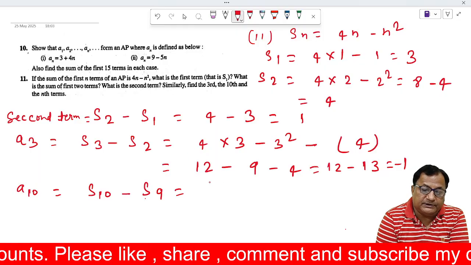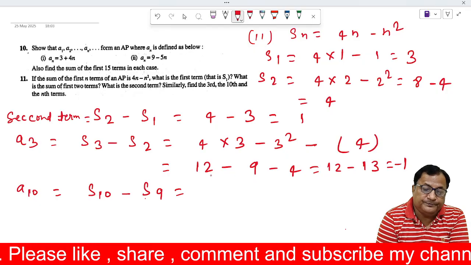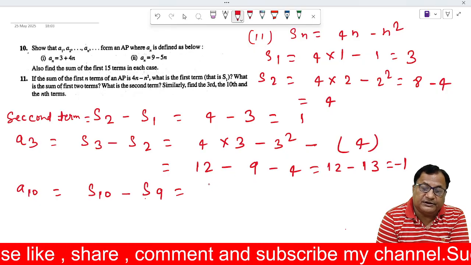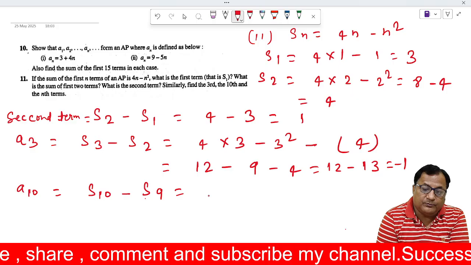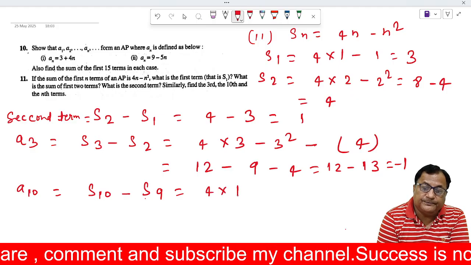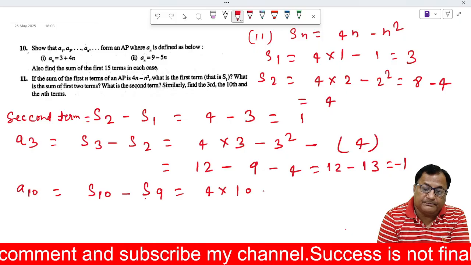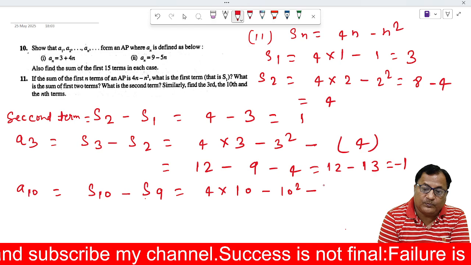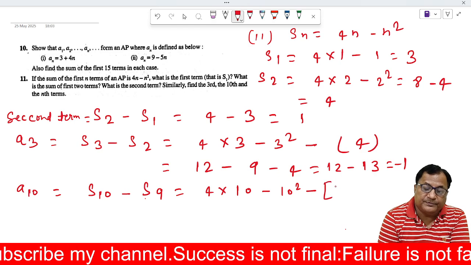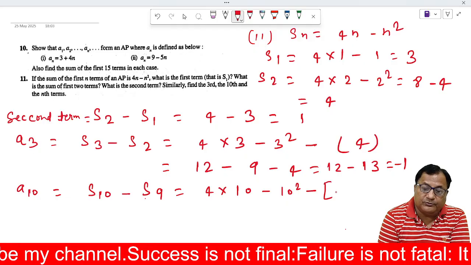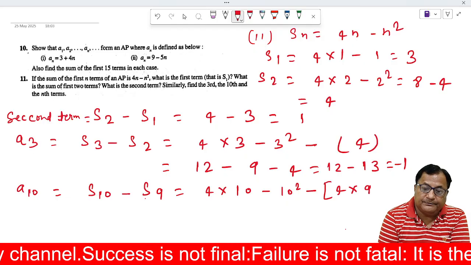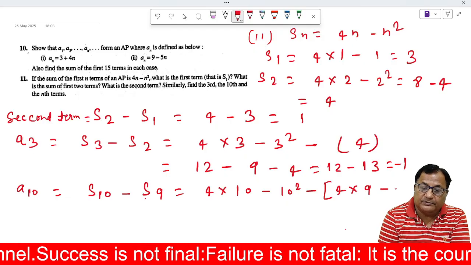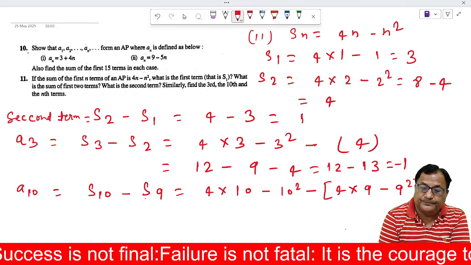So put the value: S10 is equal to 4 into 10 minus 10 square, minus 4 into 9 minus 9 square.